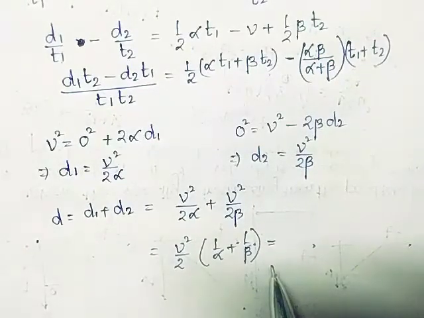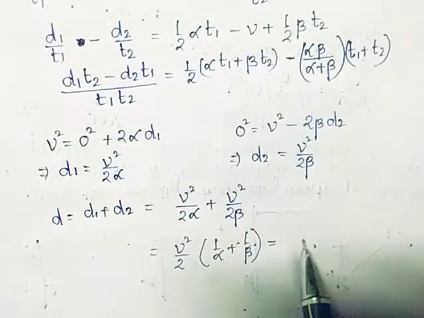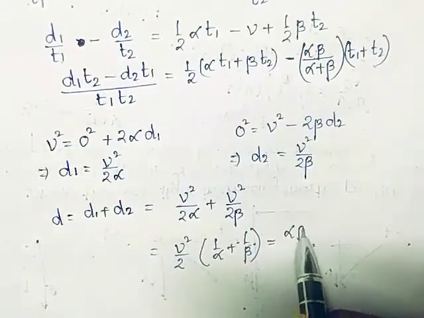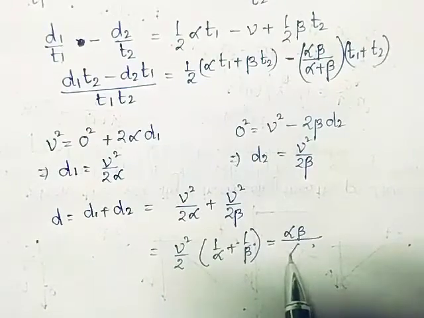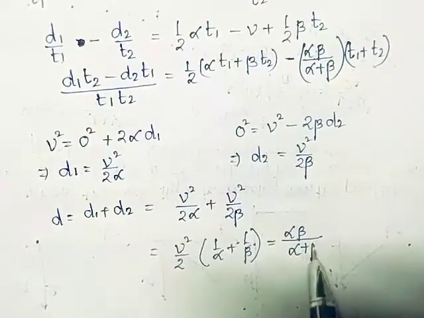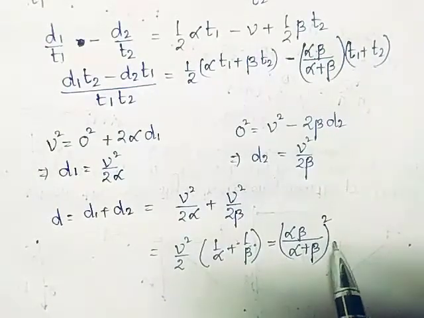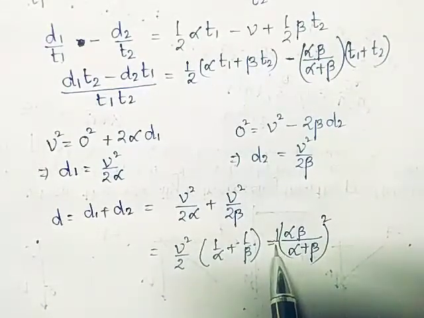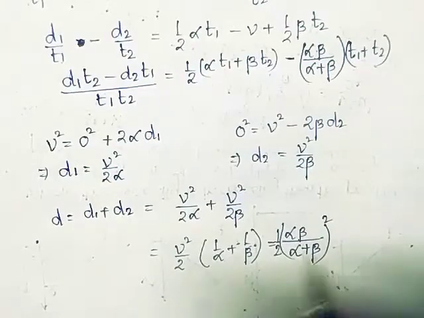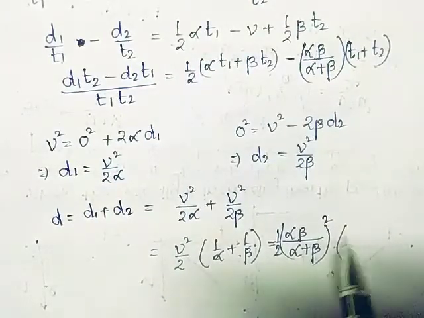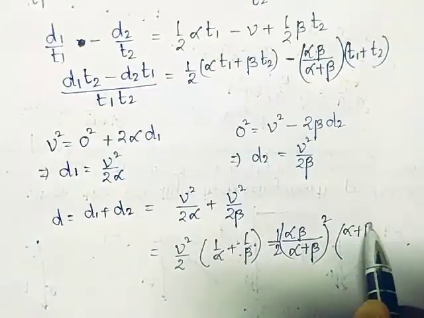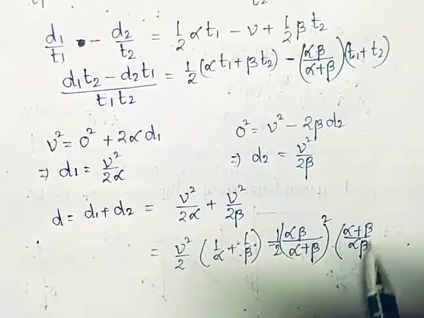If I replace the value of v, the maximum velocity, that is the product of the accelerations divided by their sum, times t, its square here is 1 by 2, and obviously if I calculate this, it becomes alpha plus beta divided by alpha beta.